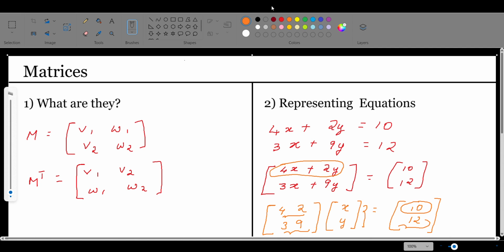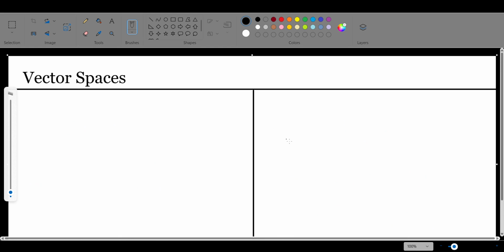And now let's move on to the last topic for the video, which is vector spaces. Now, what is a vector space? Let me write down the definition.